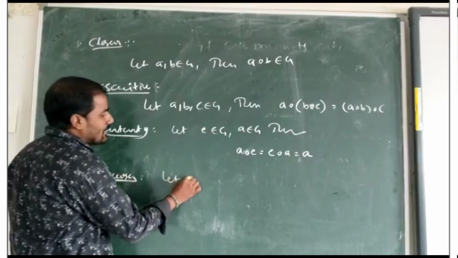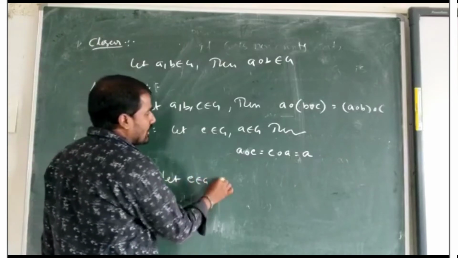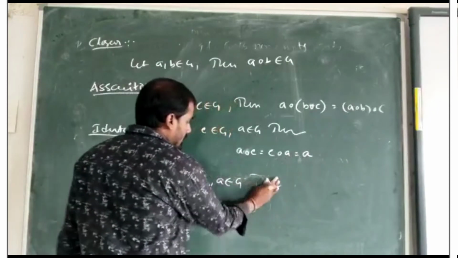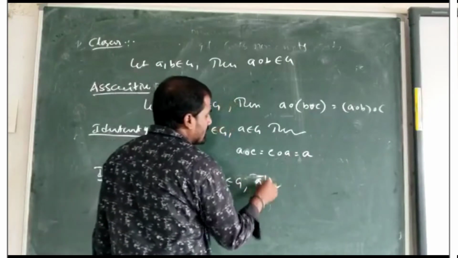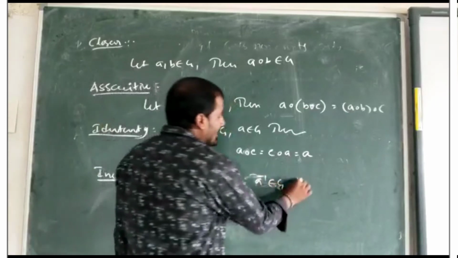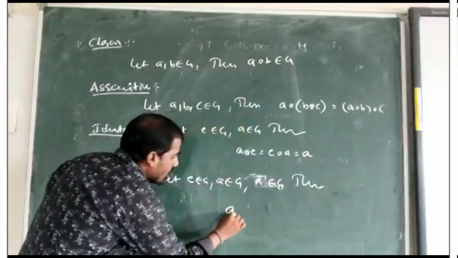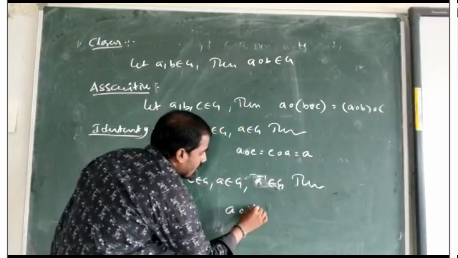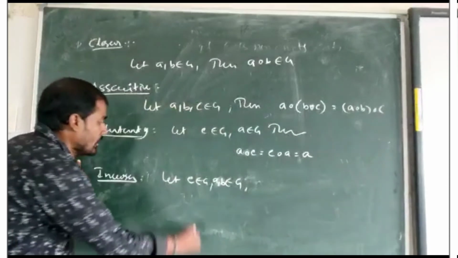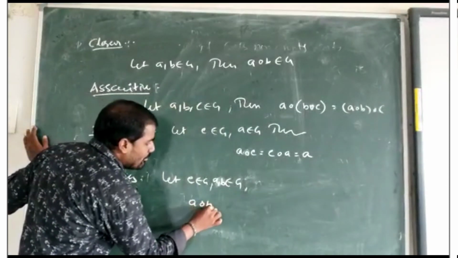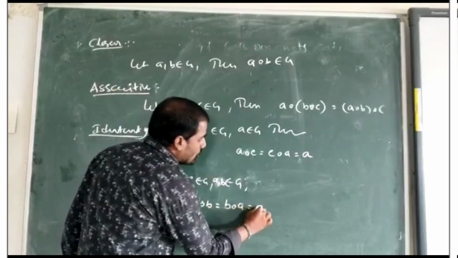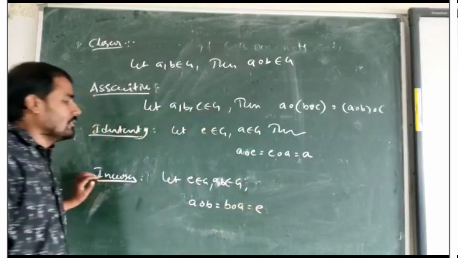Again, let e belong to G and a belong to G, and a inverse belongs to G. Then a circle b equals b circle a equals e. This is called inverse.